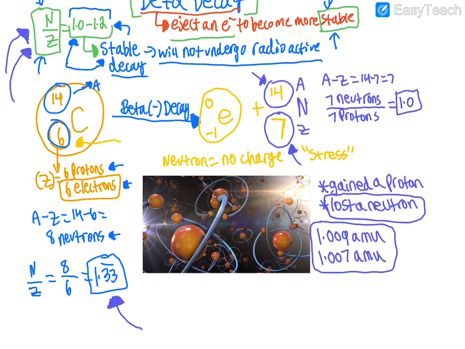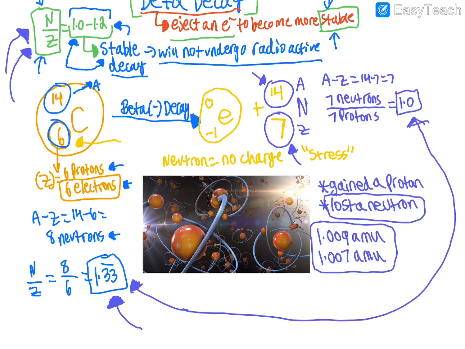But we see that 1 is obviously stable because it's between 1 and 1.2. All right, so we just saw that carbon-14 went from an unstable nucleus, which is right here, and it radioactively decayed in the form of beta negative decay, and it turned into a stable nucleus, which is the whole goal of radioactive decay.